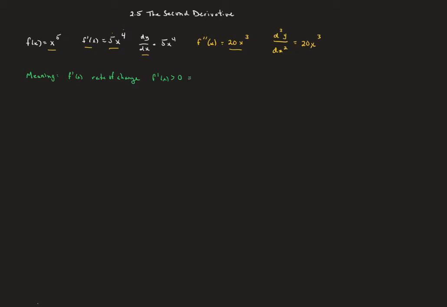That is, we say that f is increasing. So we can use the first derivative as a way of determining or arguing or maybe proving that the function is increasing. When its derivative is positive, the function is increasing. And similarly, when the derivative is negative, when it's less than 0, then that means that our function f is going to be decreasing. So it will be falling from left to right.